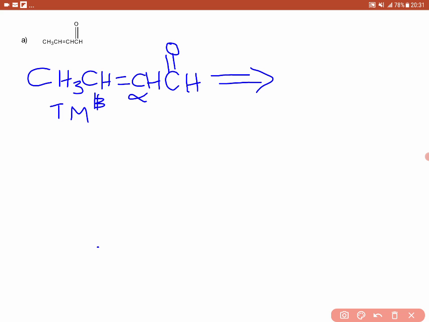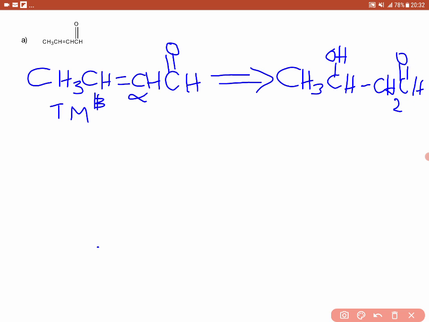beta hydroxy carbonyl compound, and therefore working backwards we will have CH3, CH, OH, CH2, and the carbonyl, carbon and hydrogen. So working backwards, we go through the beta hydroxy aldehyde.